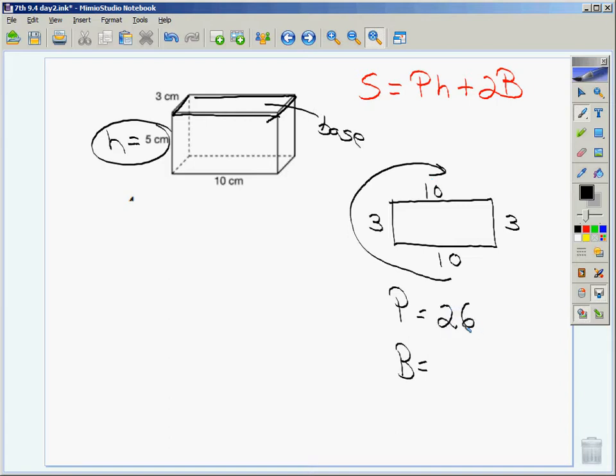How do I find the area of a rectangle? Length times width. 3 times 10. 30. So plug it back in. Once I have these 3 things, all that's left is what, Hanley? Plug it back into the formula.